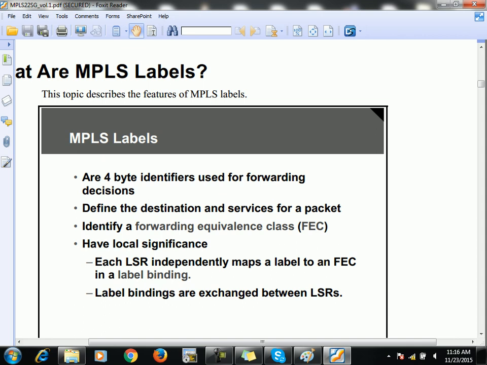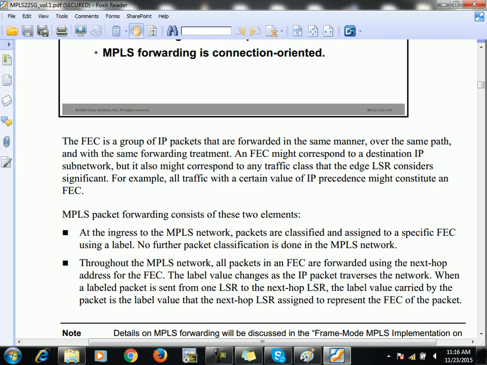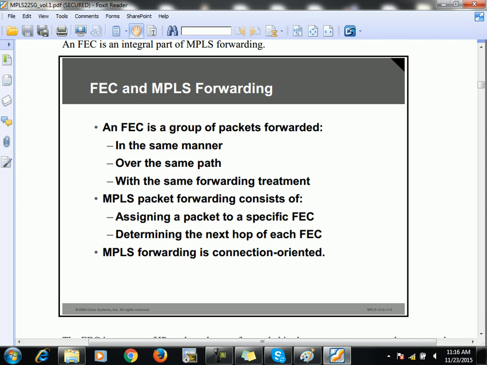So FEC, forwarding equivalence class, I will show you what the meaning of FEC is. FEC is a group of packets forwarded in the same manner over the same path with the same forwarding treatment. And MPLS forwarding is what? Connection oriented.